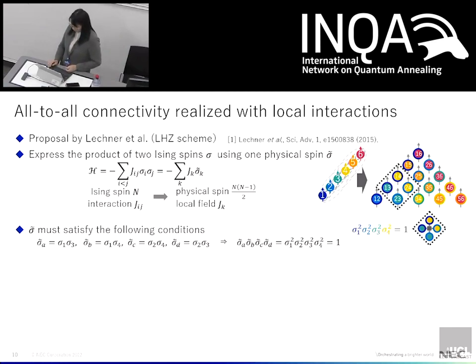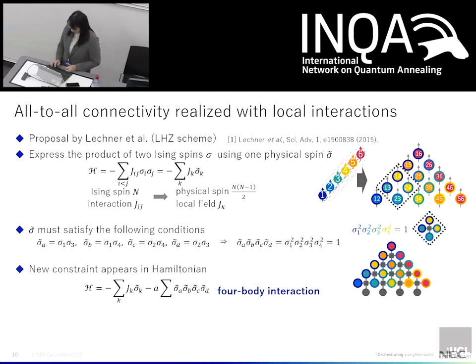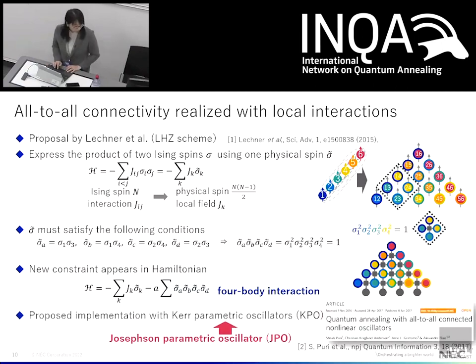This constraint is necessary for all other spins. In other words, from a perspective of device development, it is necessary to realize four-body interaction. A proposal has been made to achieve the four-body interaction using Kerr-parametric oscillator, KPO. KPO can be realized by Josephson parametric oscillator, JPO. So next, I will explain about JPO and KPO.